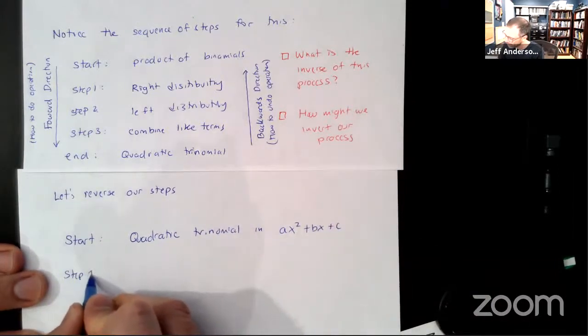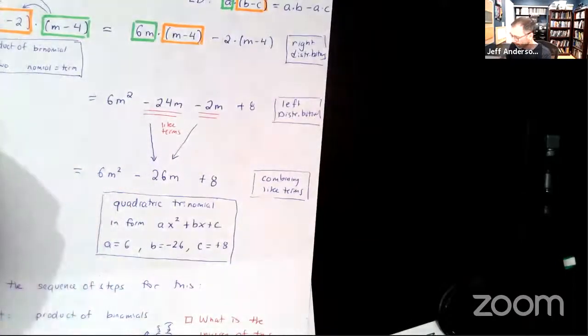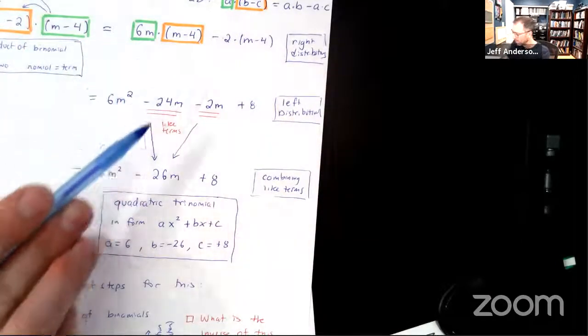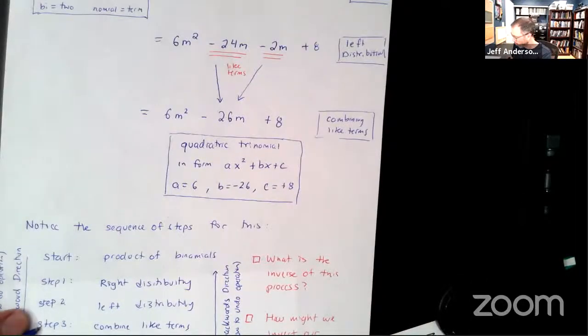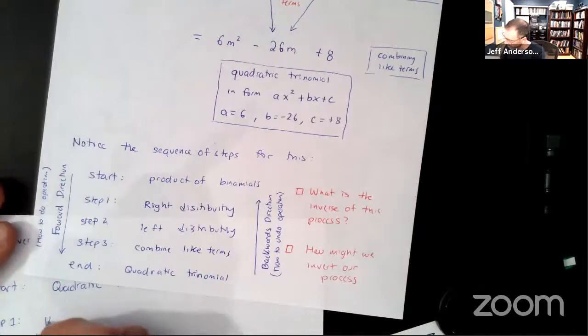Step one, well, let's see. Step one would be to undo combining like terms, right? Because from start, step one, step two, step three. So step one would be undo combining like terms.